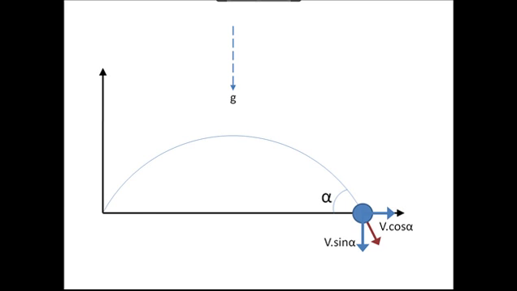Just to give an example, if you are traveling in a plane, when the plane takes off, you have an initial velocity and it takes off at some angle alpha, but it's not a projectile motion, because during the flight you can change the acceleration of the plane.